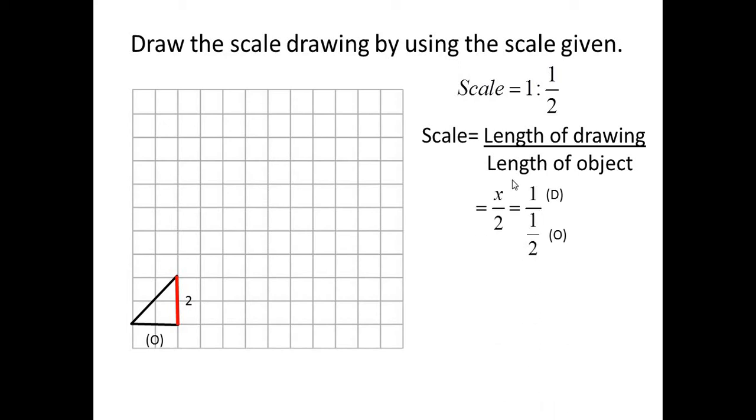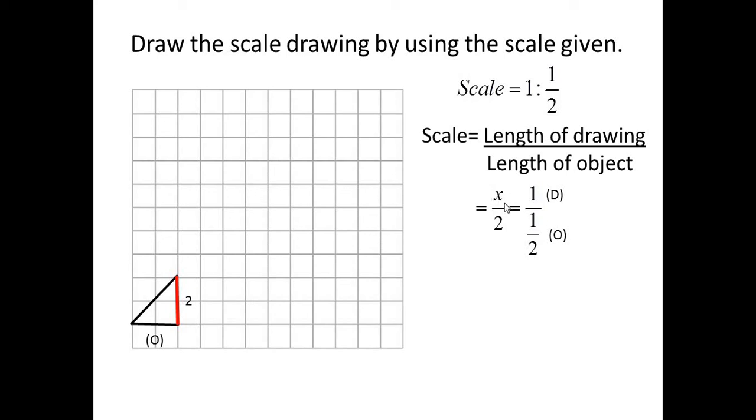Let's say we're going to draw the scale drawing, but we do not know the size being given. Look here, this is 2, right? We're going to draw the first side for the scale drawing, this side. We name it as x.